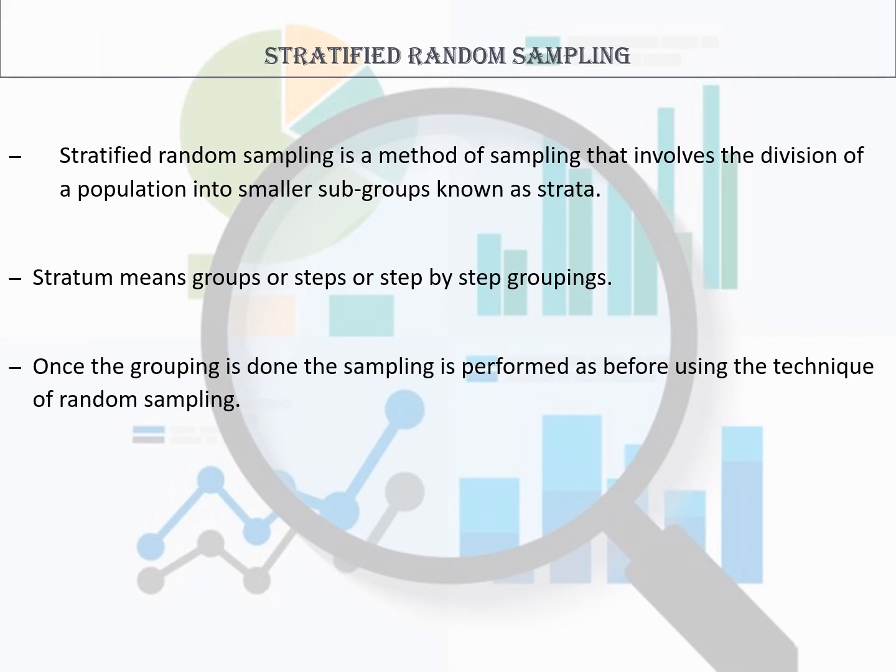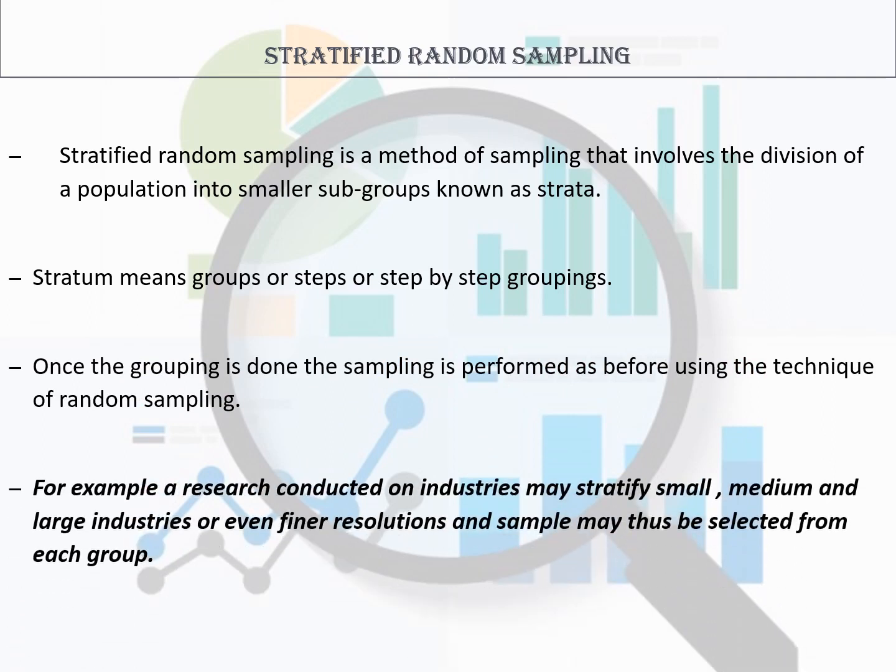Once the grouping is done, the sampling is performed as before using the technique of random sampling. For example, a research conducted on industries may stratify small, medium, and large industries, or even finer resolutions, and sample items be selected from each group.